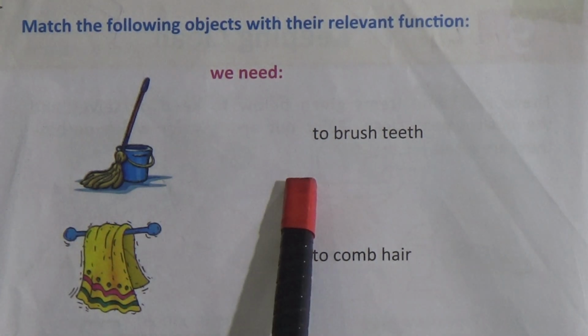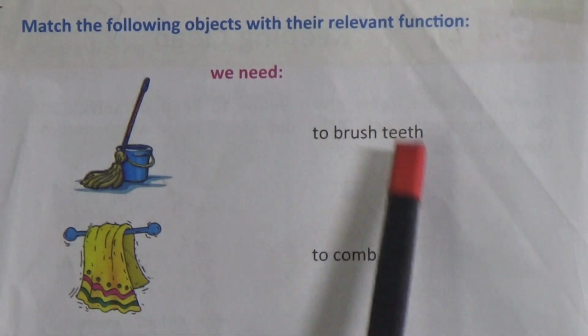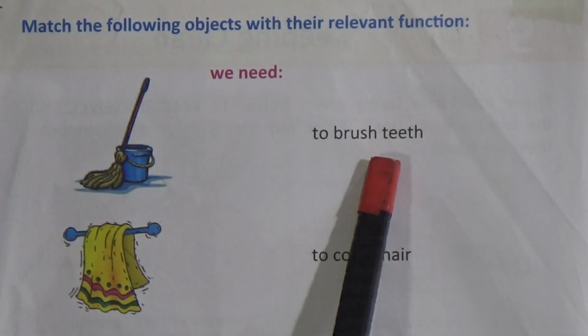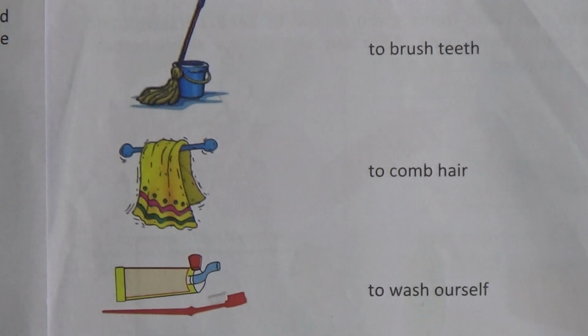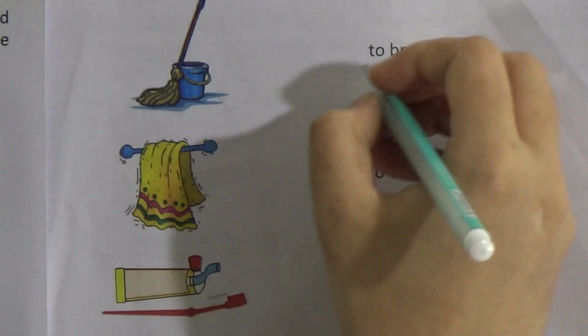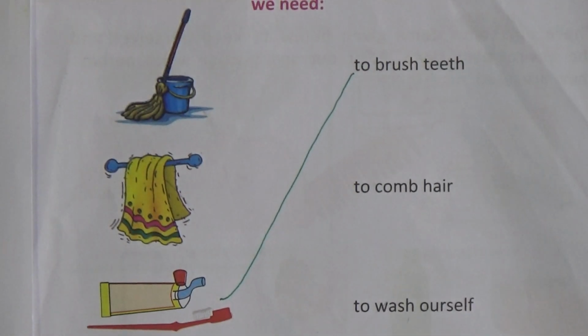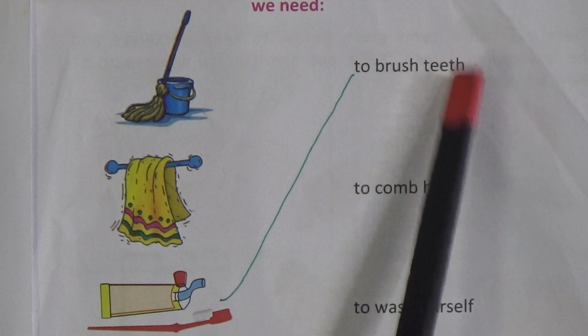Here is written, to brush teeth. What do we use to brush teeth? We use toothpaste and toothbrush. Then we will match with this toothpaste and toothbrush, to brush teeth.